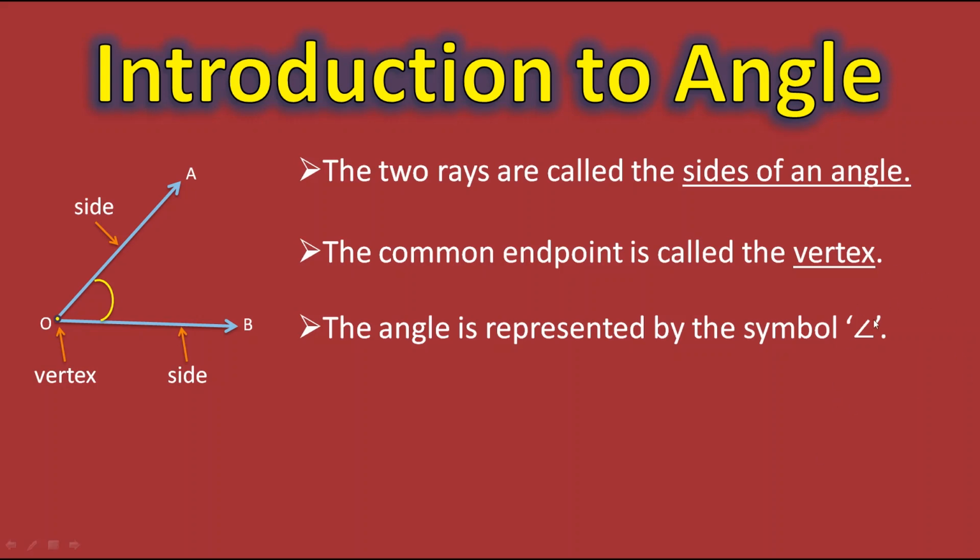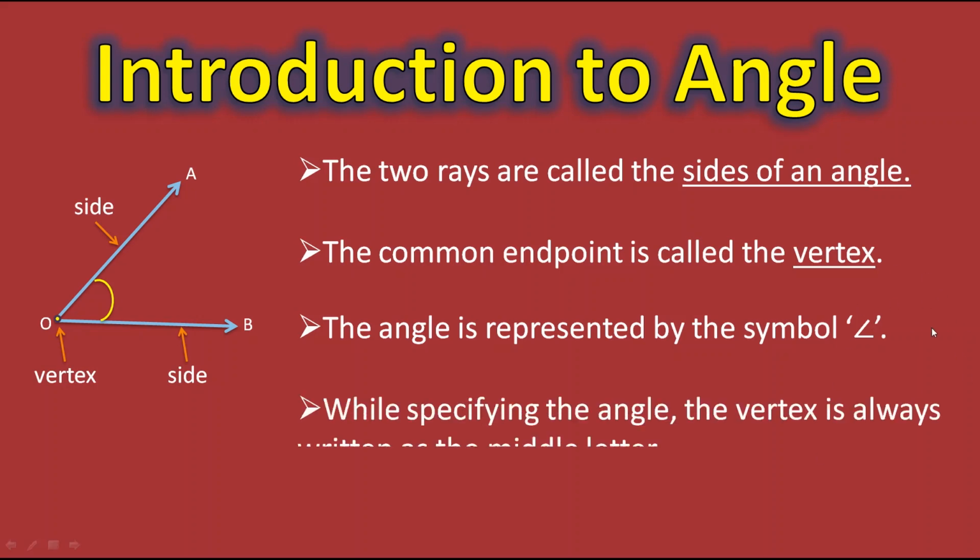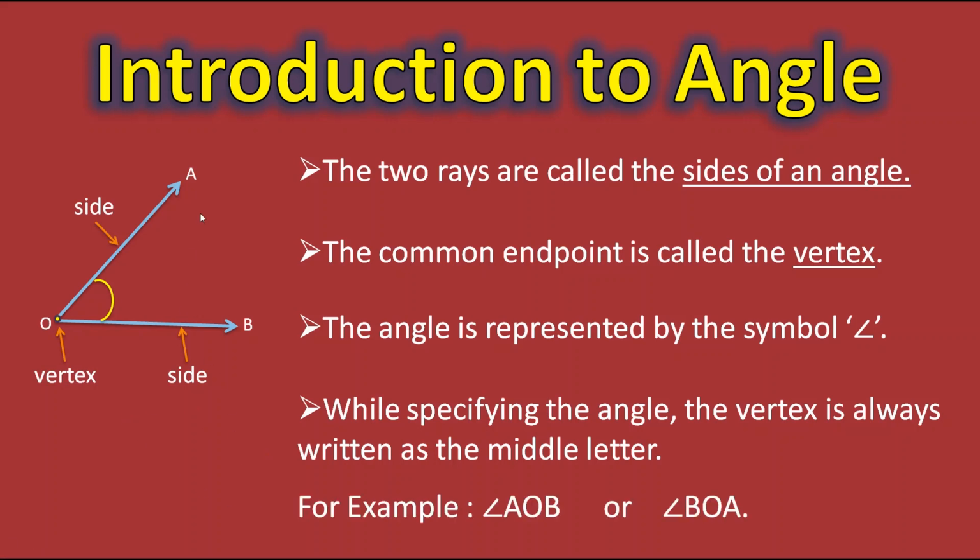Now the next point is, while specifying the angle, the vertex is always written as the middle letter. This is the condition while you are writing the name of an angle. So for example, when I write the name of this angle, we must write O in the middle of these two letters, AOB or BOA.